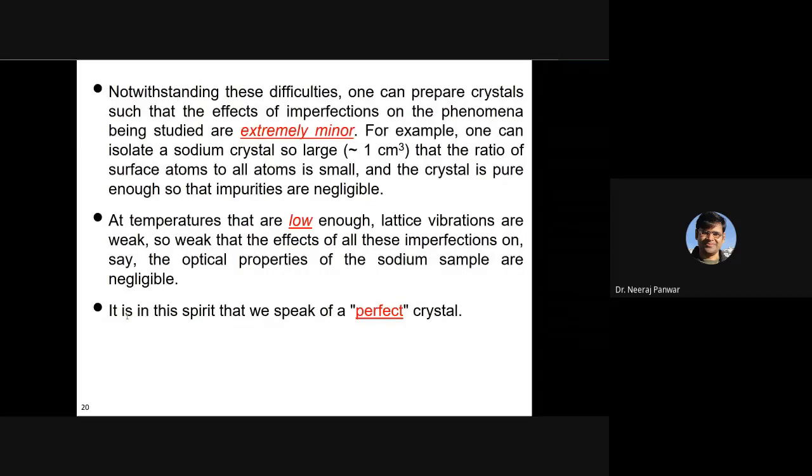And it is in this spirit that we speak of a perfect crystal, that we have reduced the surface to volume ratio of atoms, and we are working at low temperatures. In this sense, we can call a crystal to behave as a perfect crystal.